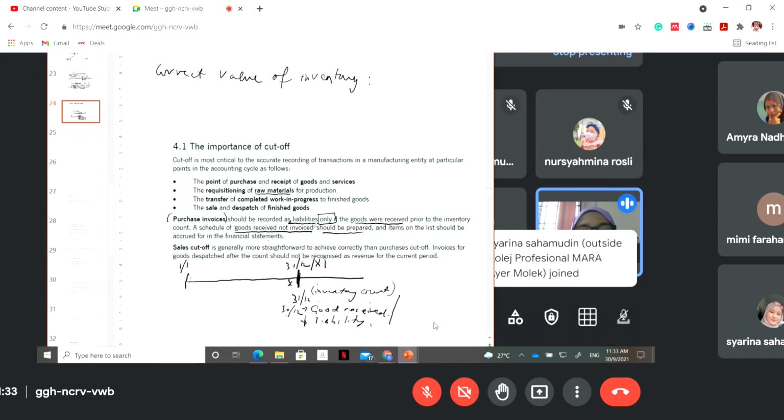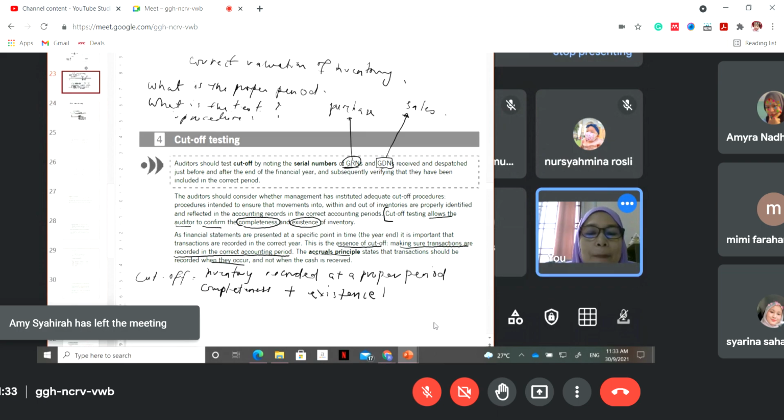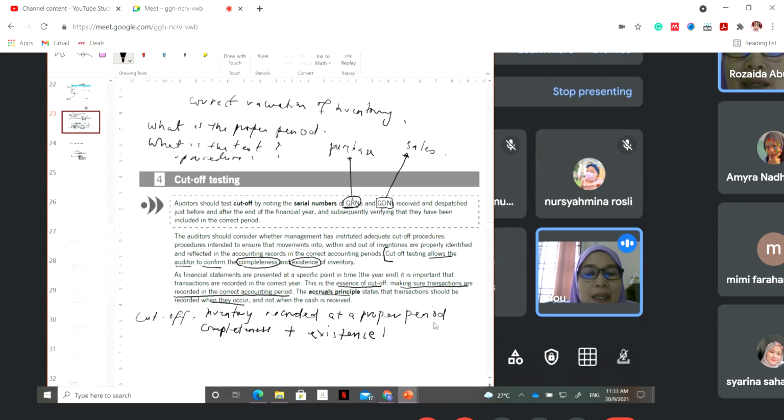So sekarang ni if kita tengok the accrual principles, yang ni dalam principles dalam financial reporting framework, where it states that the transaction should be recorded when they occur and not when the cash is received.